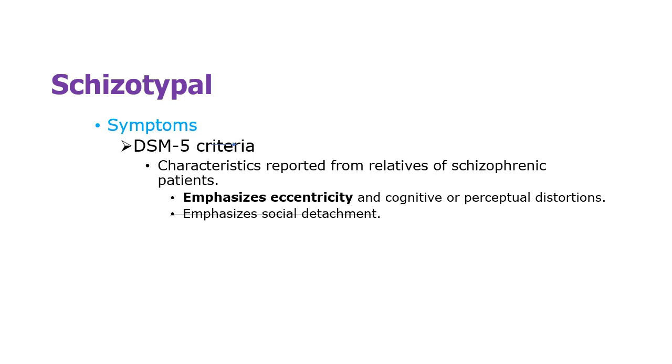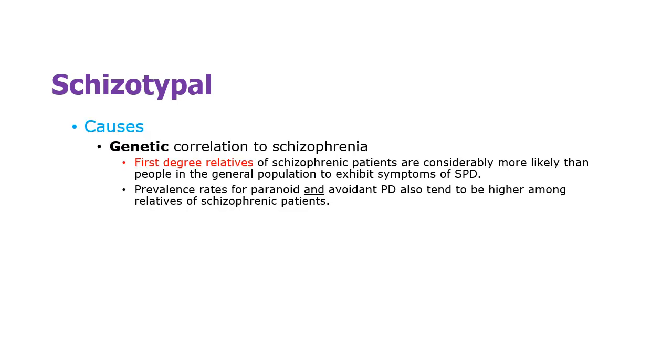I know it says here emphasizes social detachment, but this is contradicting what I said earlier. So I'm going to leave it where schizotypal specifically refers to the eccentric and peculiar behavior, and schizoid would be the one that had the social and emotional detachment. But you could choose yourself how you choose to memorize these two disorders.